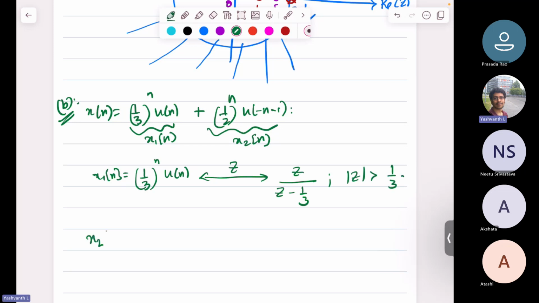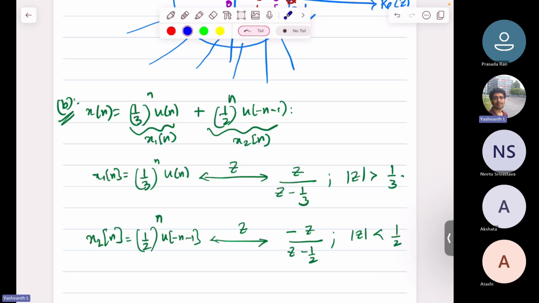Now x2 of n equal to half power n into u of minus n minus 1 will have a z transform minus z by z minus half with mod z less than half. Why less than half? Because it is a left sided signal, see minus n minus 1; here it is just n. This minus is because you should have a minus up before.